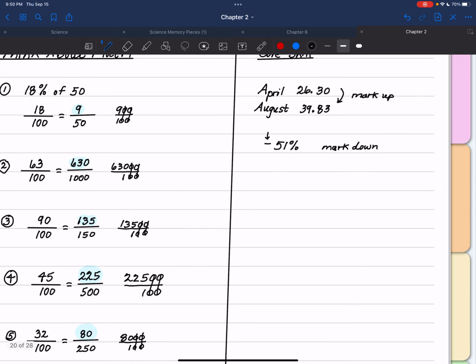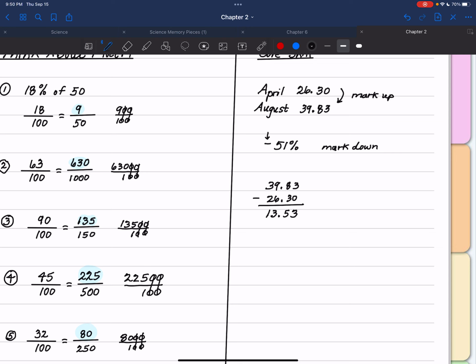So to answer this, the first thing we need to do is find out what that increase was. We have to know the amount that the bill changed. So $39.83 minus $26.30 is an increase, a markup of $13.53.